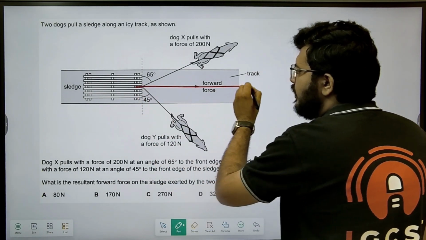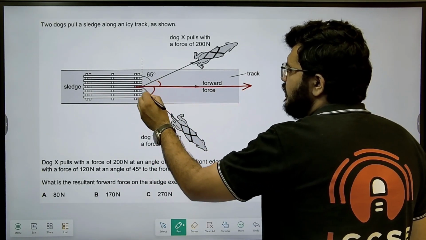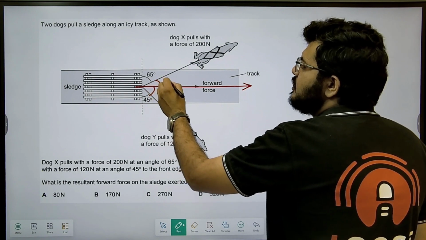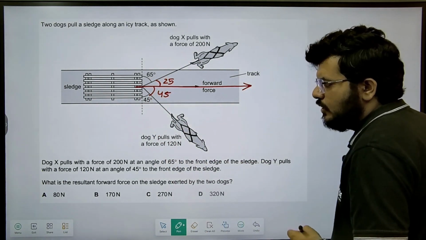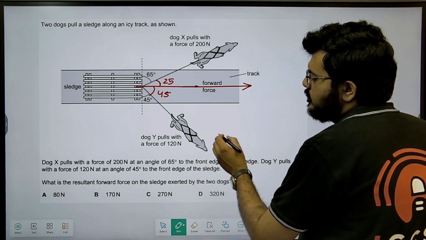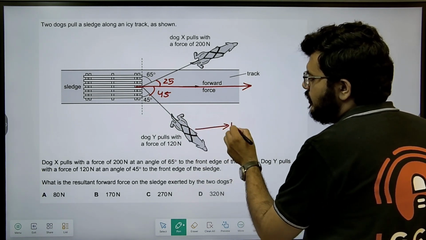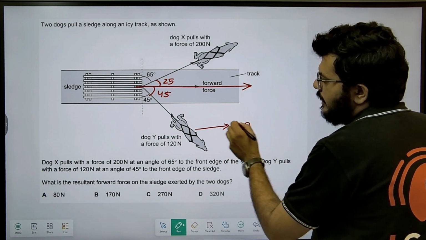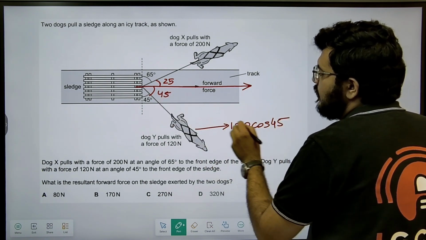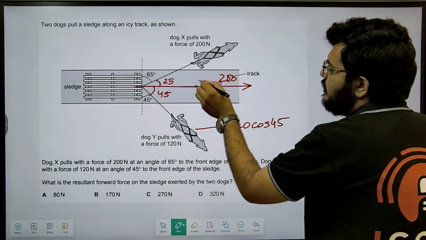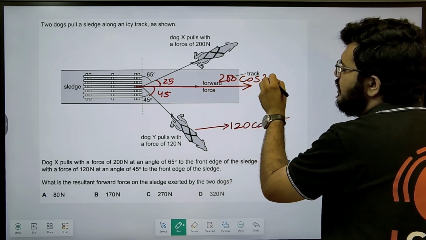So if I want to find the resultant force forward, I'll have to find these two angles. 90 minus 65 is 25 and 90 minus 45 is 45. So the force due to this dog in this direction will be 120, and because this is the nearer angle, cos 45, and this is 200, the nearer angle, cos 25.